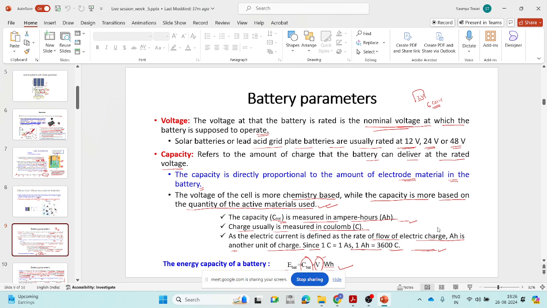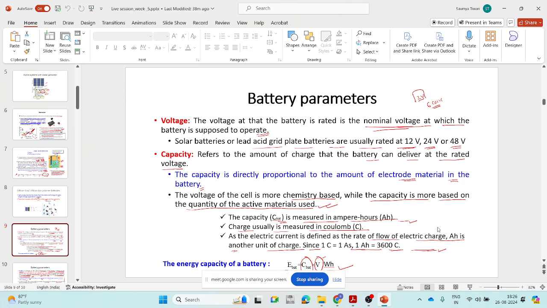Okay, so voltage and capacity. Another battery parameter. Voltage is the nominal voltage at which your battery is supposed to operate, like 12 volt, 24 volt, and 48 volt are the usual rated batteries. Okay, capacity is basically the amount of charge that the battery can deliver at your particular rated voltage. So capacity basically depends on the electrode material you are using.